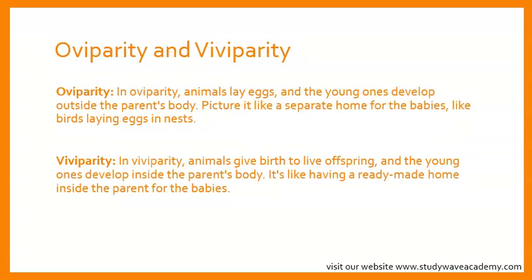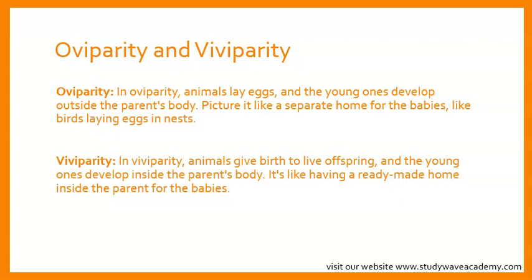In the animal kingdom, there are two interesting approaches, oviparity and viviparity. Okay? In oviparity, animals lay eggs and the young ones develop outside the parent's body. Picture it like a separate home for the babies, like birds laying eggs in nests.